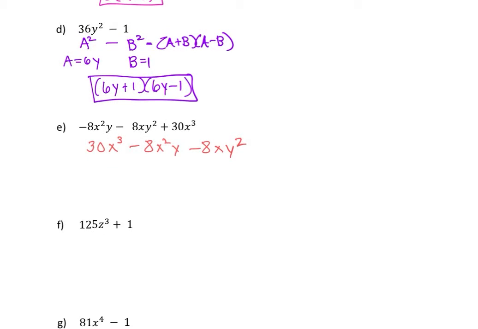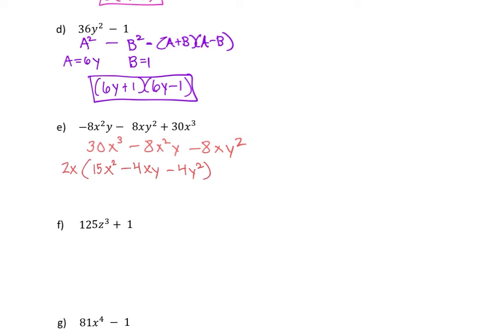The main reason I write them in decreasing power order is I know how to factor out my greatest common factor and whether it needs to be negative or not. Here I have 30, 8, and 8. So my GCF looks like it's going to be 2x. So we are left with 15x squared minus 4xy minus 4y squared.